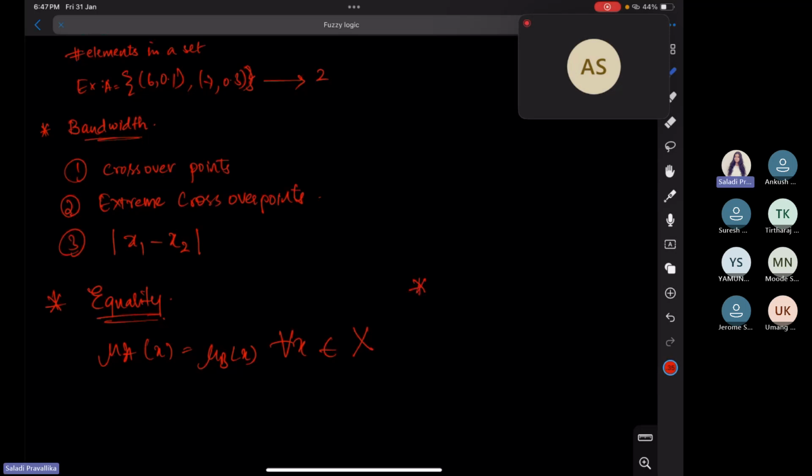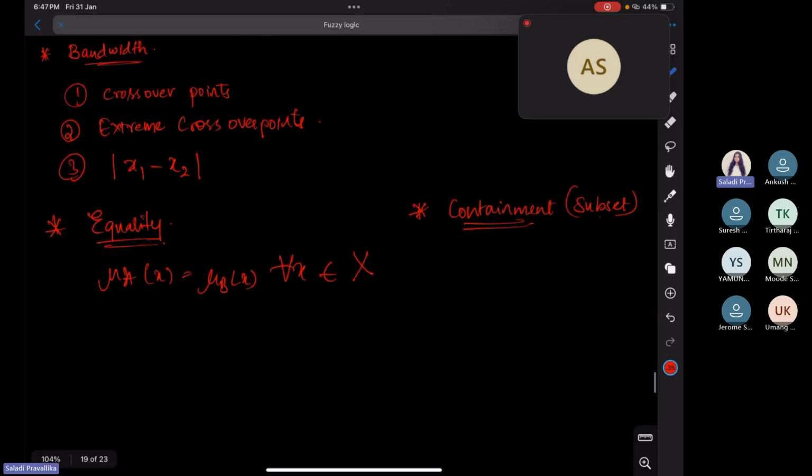And another final one is containment, or subset. So containment is when you can say the membership value of one fuzzy set is less than or equal to the membership value of another fuzzy set B. This is written as A is a subset of B, or equal to.